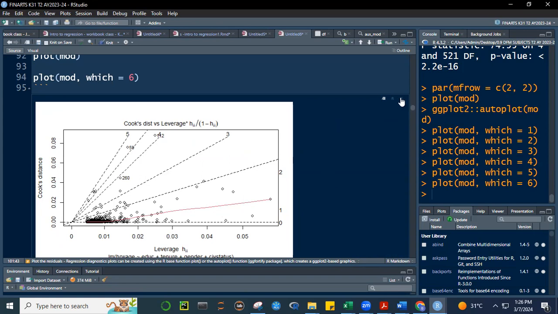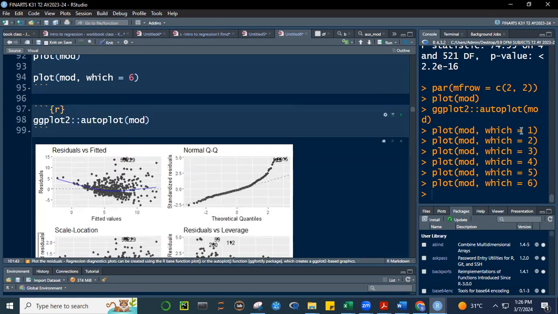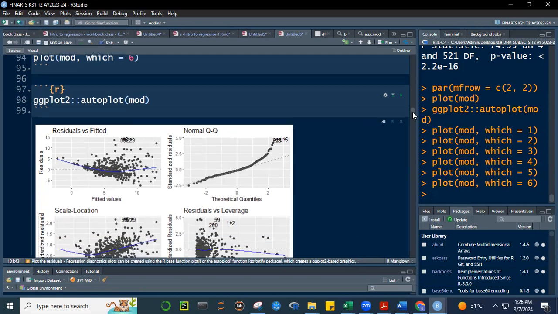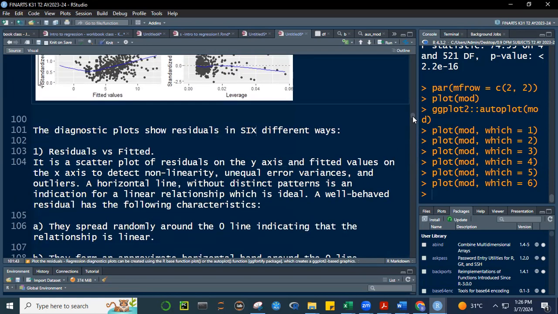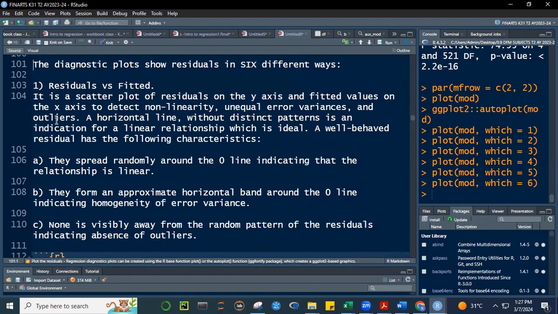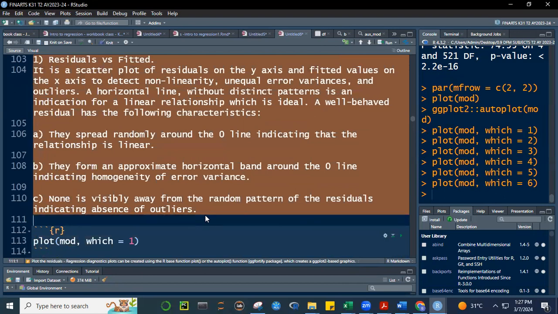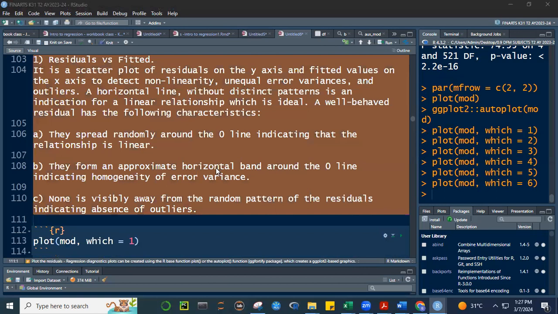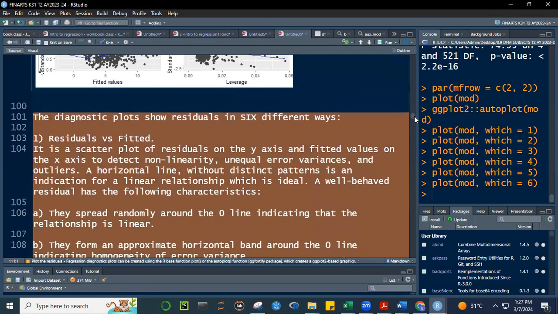All right, so let's look at them one by one. Sorry. In the interest of time, let me just share with you the text, class, so that we'll just focus on the code.